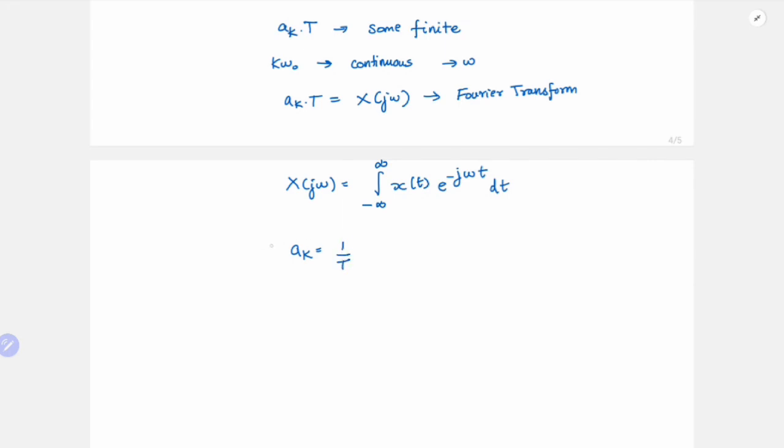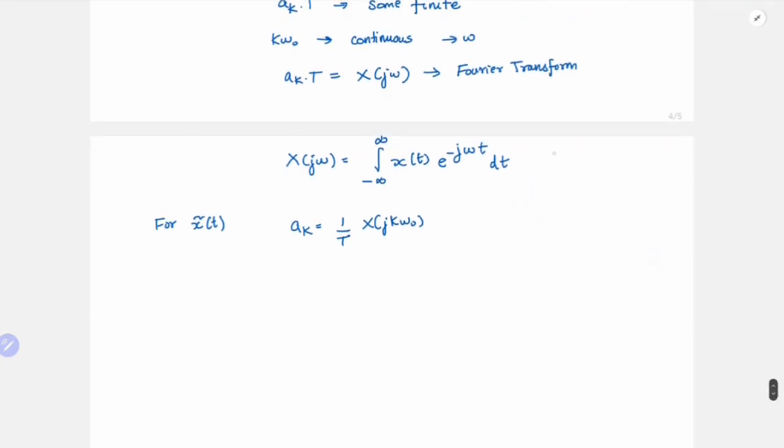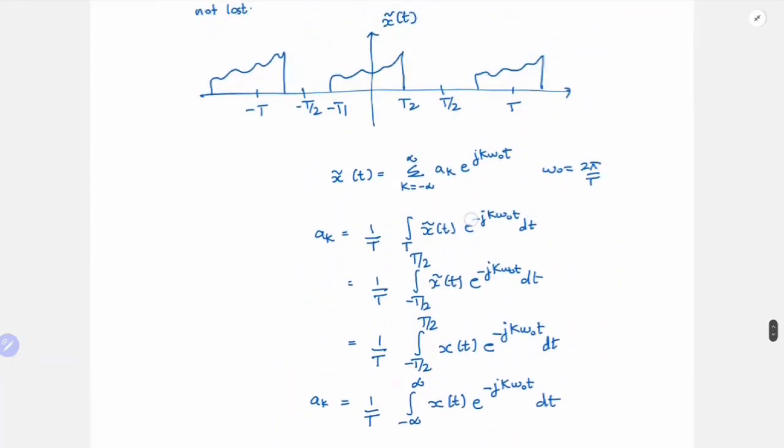It is nothing but, for a periodic signal x tilde of t, it is nothing but 1 by T times x of j k omega naught, right? Simple. So we got the Fourier transform. Now let us try to find x of t in terms of the Fourier transform. So we had this equation.